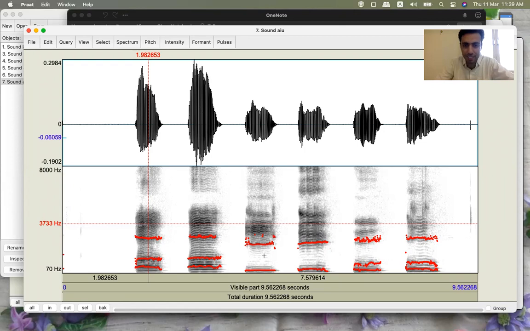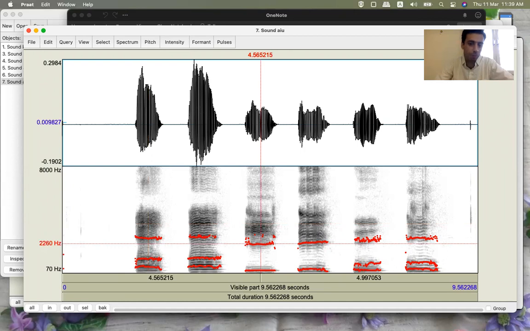Now look at this. This is the E sound. The first formant and second formant are very far apart. This frequency is how much? About 2250. This is the second formant, and the first formant was 300 something.